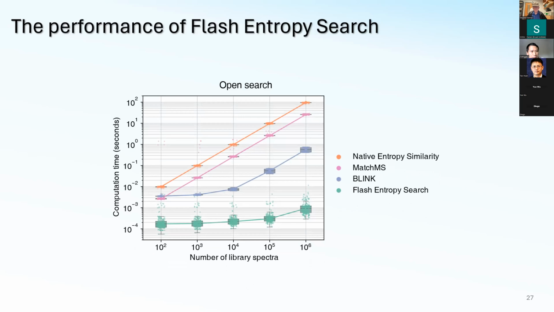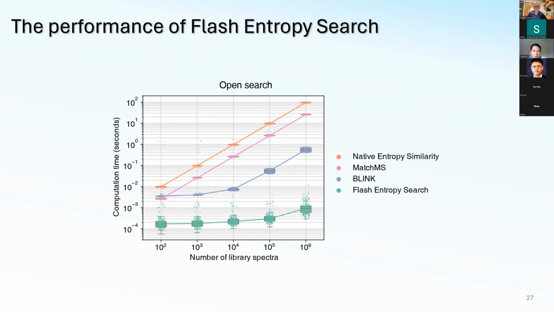To test the speed, we randomly selected about 200 spectra from the MONA database, and then randomly sampled the MONA database to generate libraries of different sizes, for example 100, 1000, 10,000, 100,000, and 1 million.